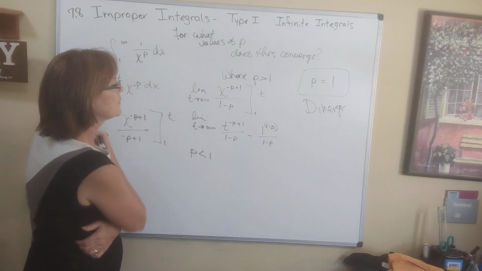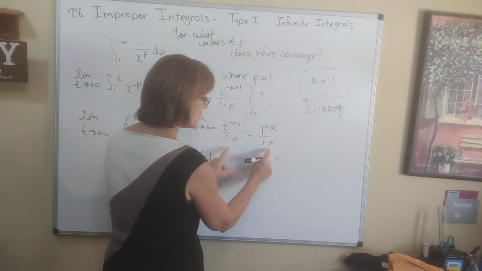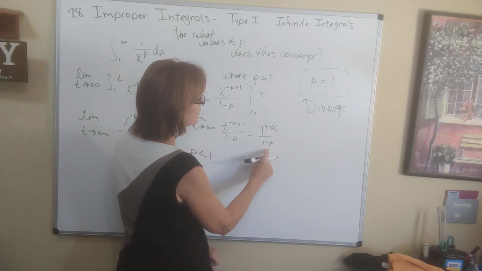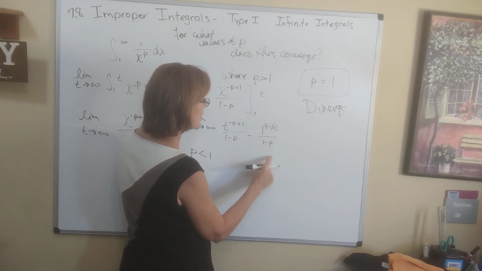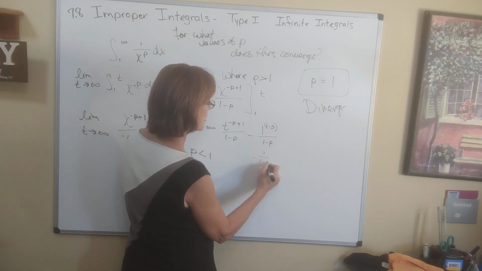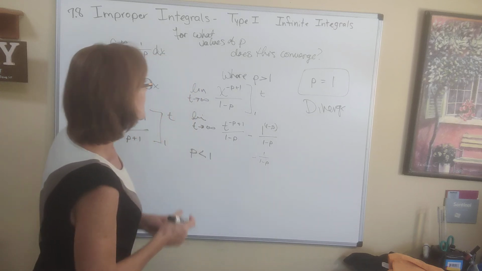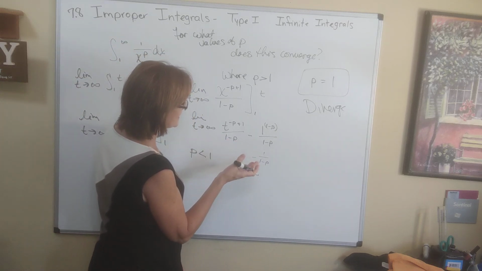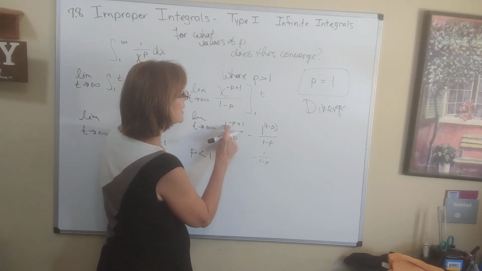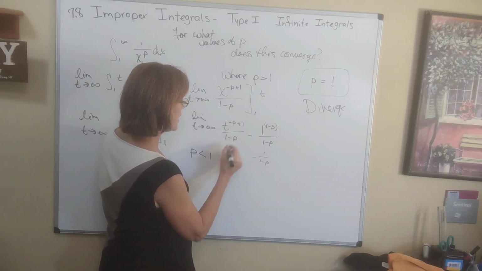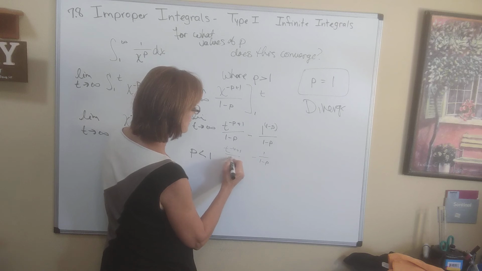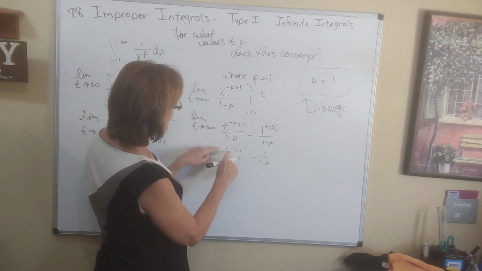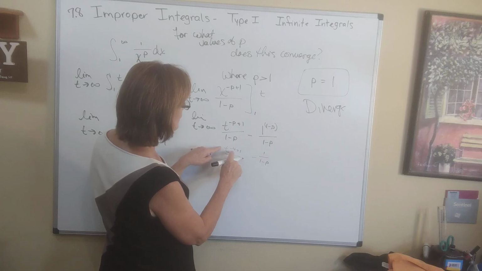If p is greater than 1, then this is not dividing by 0, so that's fine. But 1 to the anything is just 1, so that part is 1 over 1 minus p, which is fine. What's happening with the other part? Let's say p is something like 4. Then we'd have t to the negative 4 plus 1 over 1 minus 4, basically.